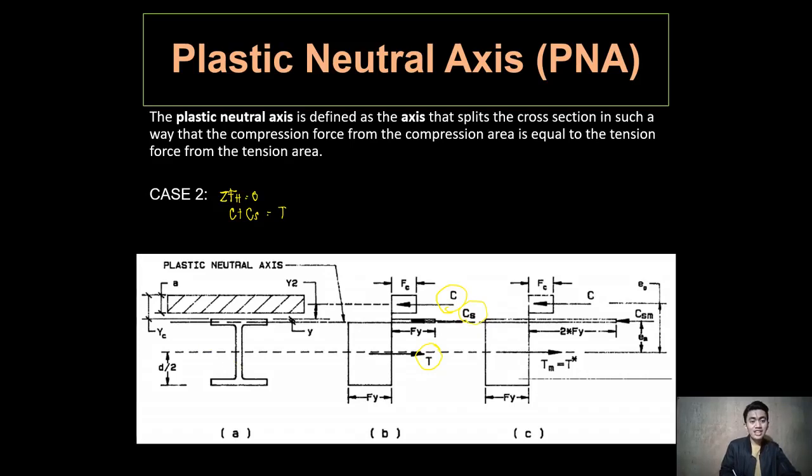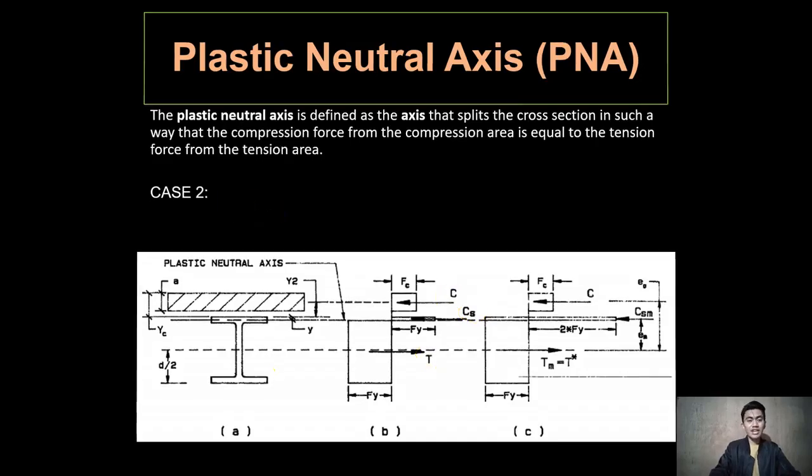However, still the same concept as having the plastic neutral axis on the flange. So we will be discussing that as we proceed to a sample problem under case number 2. Okay, so let us proceed to the next one.